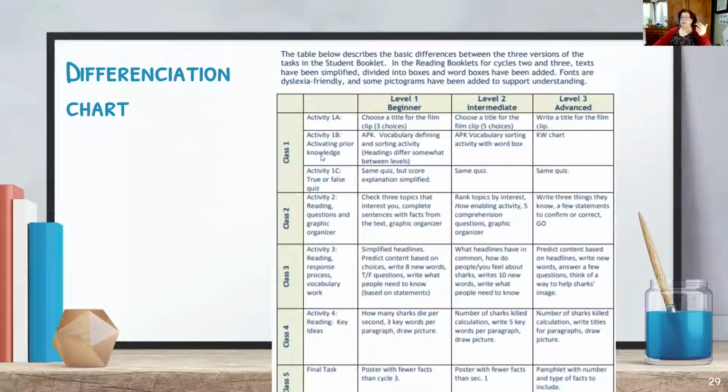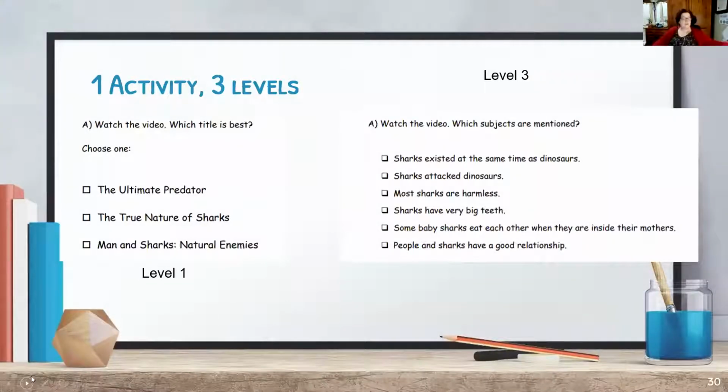For example, for activating prior knowledge, the activity would probably be a bit different from one to the other. And then in activity C, there would be a true or false quiz, whereas in level 2, it's the same quiz, but there are other activities that are varied a little bit from one student to the other.